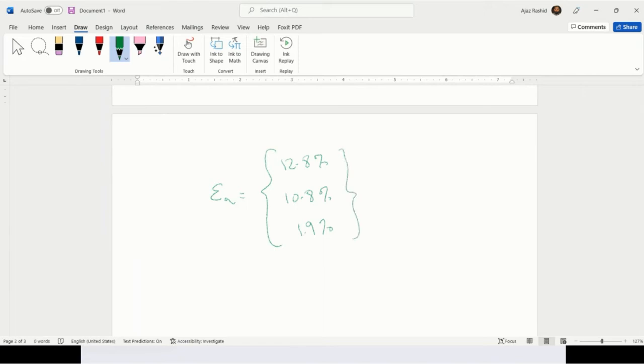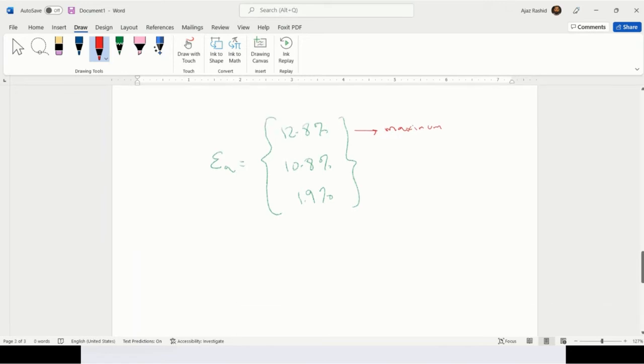Always you consider the maximum of these values and you stop according to the maximum error. 12.8% is still a big error. So let's have another iteration.